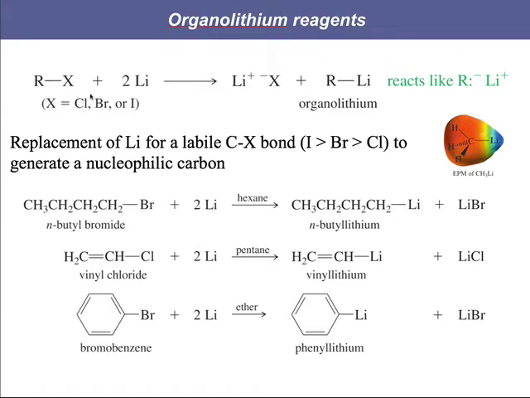Because magnesium can make two bonds, but lithium can only make one bond, we need two equivalents of lithium to get the same effect. The RX bond, instead of getting inserted by the metal, will split and you will get the lithium plus with the X minus. So one of the lithiums is wasted, but the other lithium will be covalently bonded to our R group.